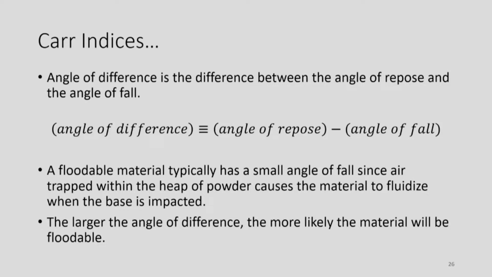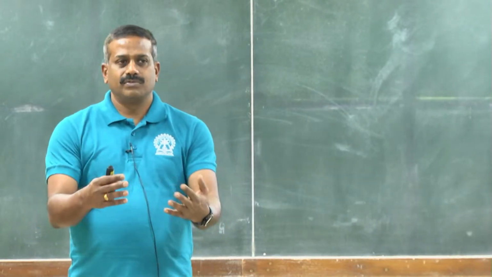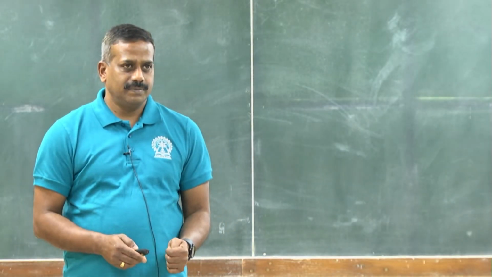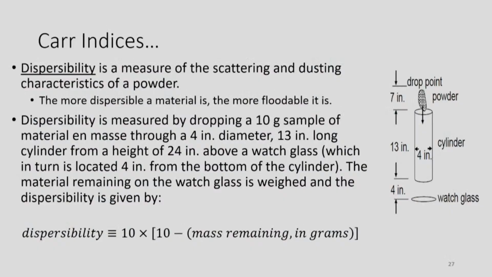If the angle of fall is high, then it will have a better flow. If it's very cohesive, the angle of fall will not change much. So the larger the angle of difference, the more floodable, free flowing the material. Simple, easy measurement.